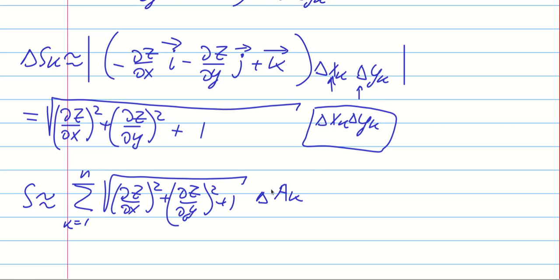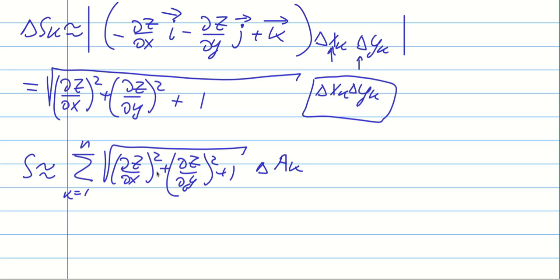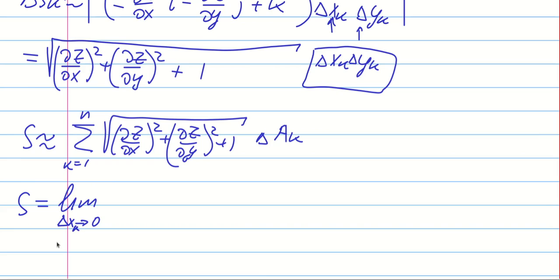It's the area of the little piece on the bottom. Then we just need to take a limit when n goes to infinity. So we say S equals the limit when delta x goes to 0, basically, when n goes to infinity, it's the same thing.